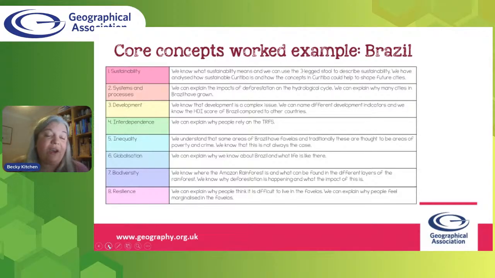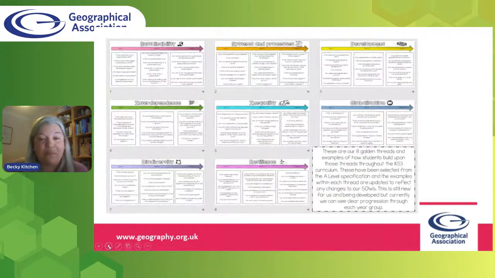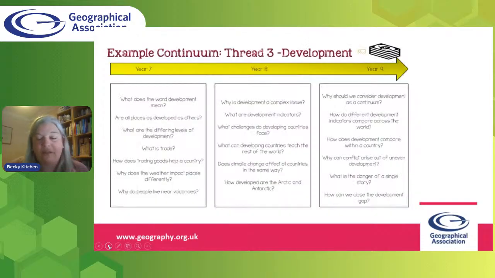And then really the icing on the cake is building in progression, identifying how you can progress in each of those concepts, in each of those characters, from year 7 to year 8 to year 9. Okay, so first of all, we were doing our stick person.